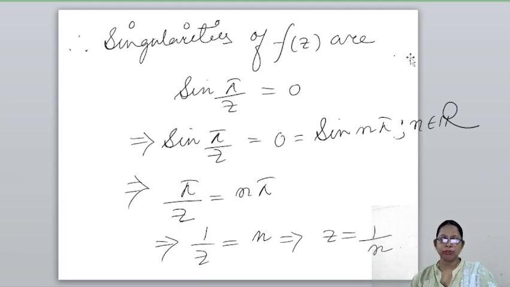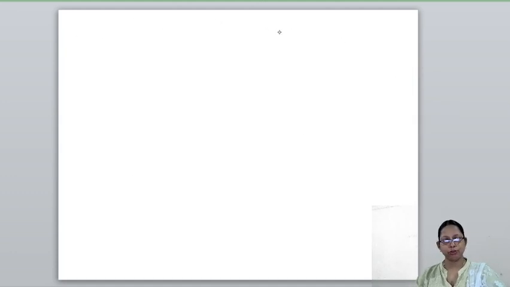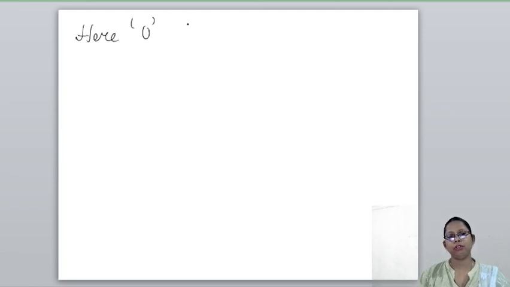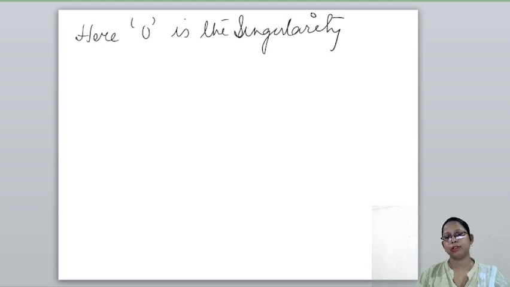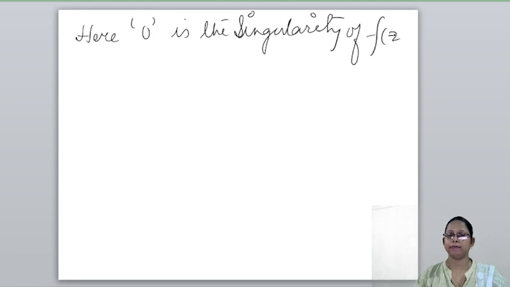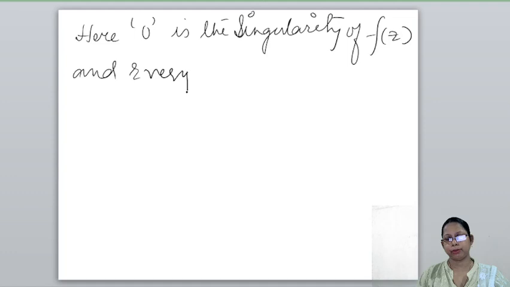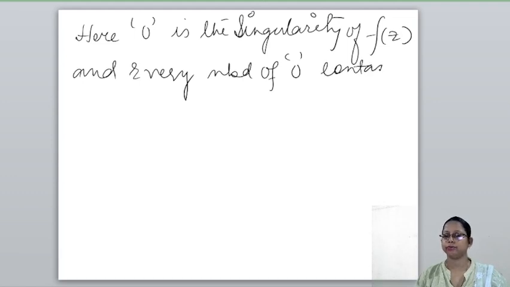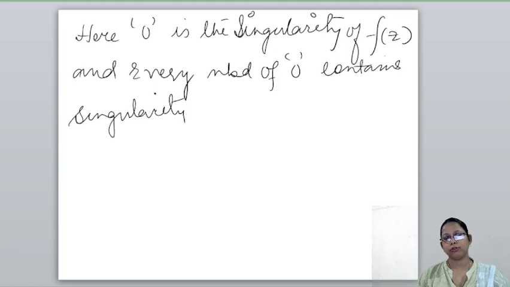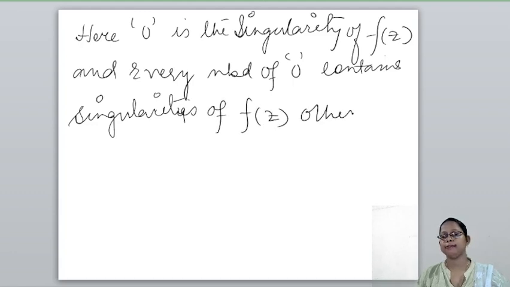So 0 is a singularity of f(z), and every neighborhood of 0 contains singularities of f(z) other than 0.